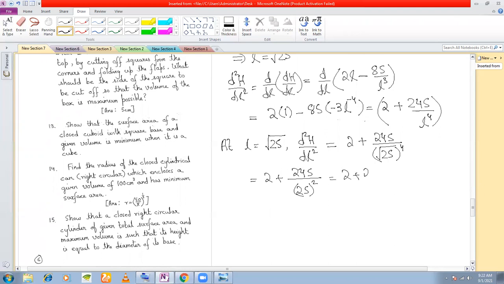So 2 plus 24s divided by 4s square. Now you cancel this. You simply get 2 plus 6 by s, which is obviously greater than 0.